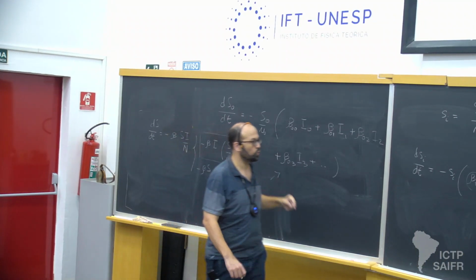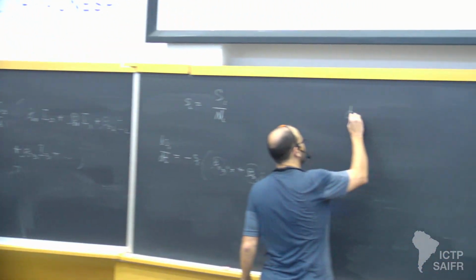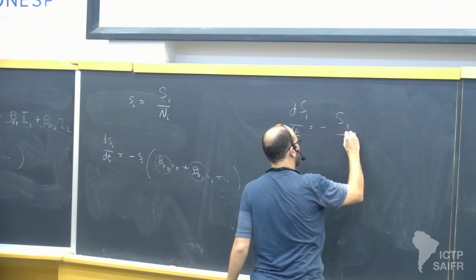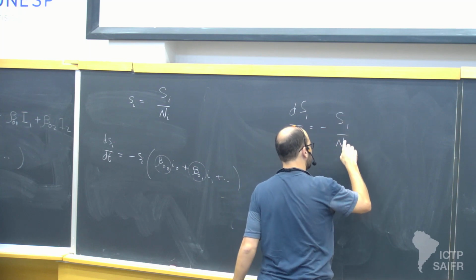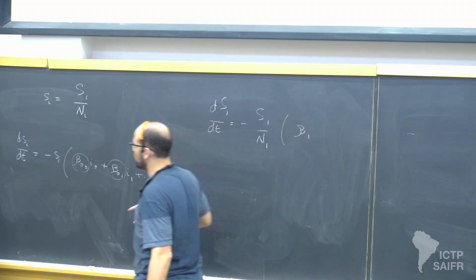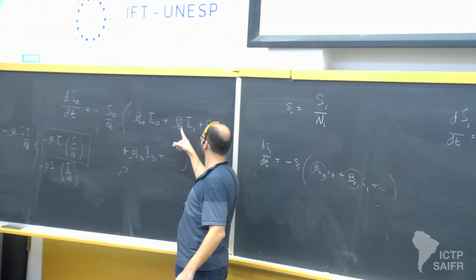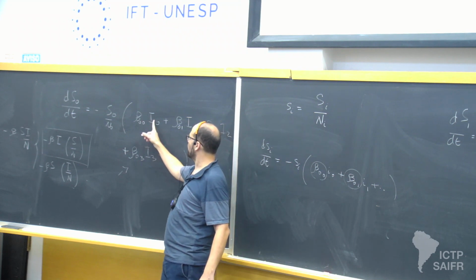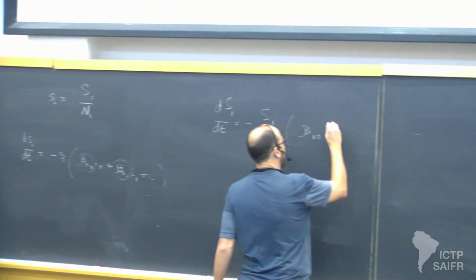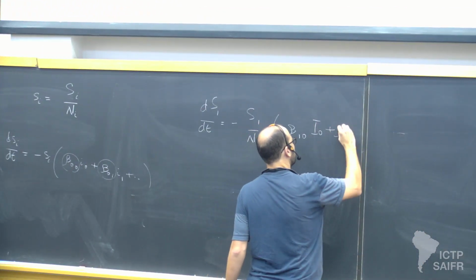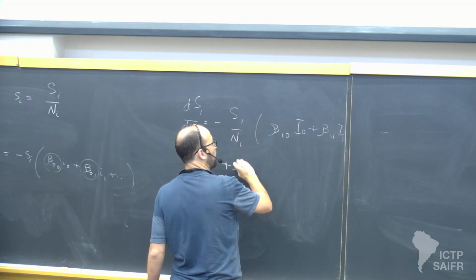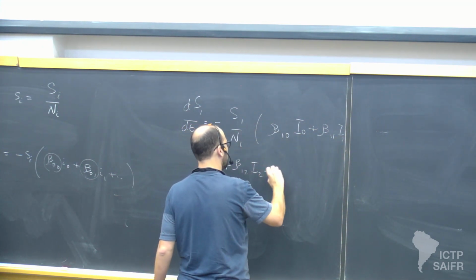The equation for S1, for instance, will be dS1/dt equals minus S1 over N1, in this case N1, multiplied by beta 1,0 I0 plus beta 1,1 I1 plus beta 1,2 I2, and so on.